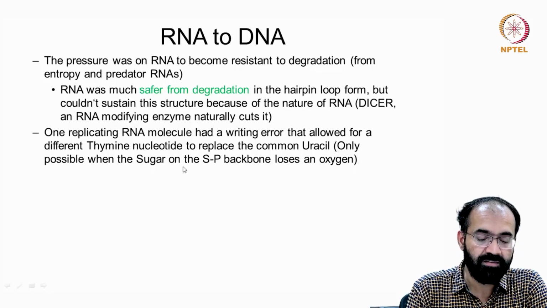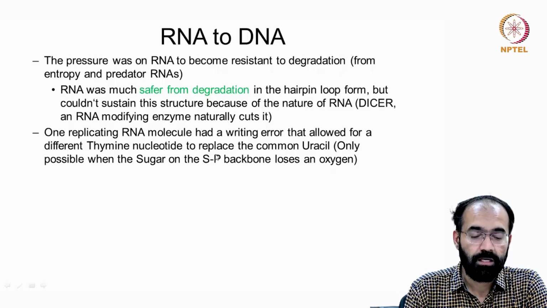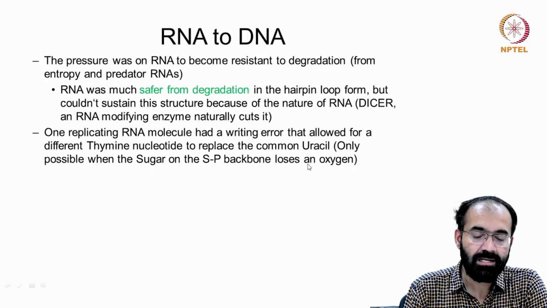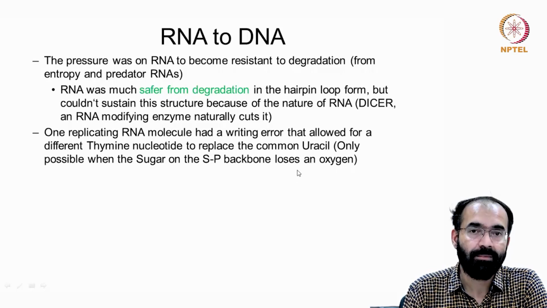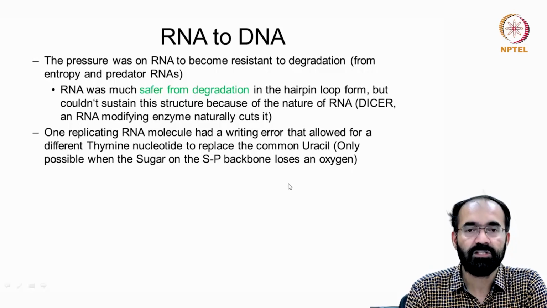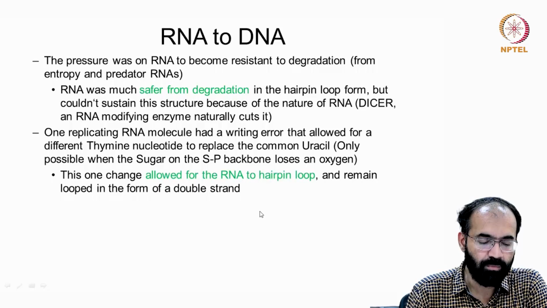This is possible only when the sugar on the sugar-phosphate backbone loses one oxygen. That is, two conditions happen. Thymine is welcome in the place of uracil provided it does not have the oxygen group on the 2' carbon of its ribose sugar. So this was a condition which allowed better stability to this RNA molecule.